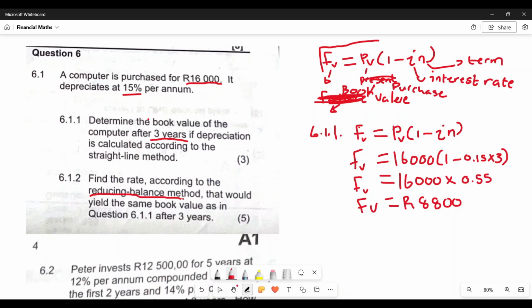So basically, remember in the first question we used the straight line method, now they want us to use the reducing balance method, but they want us to find the interest rate that would be able to give us the book value that we found in the previous question.